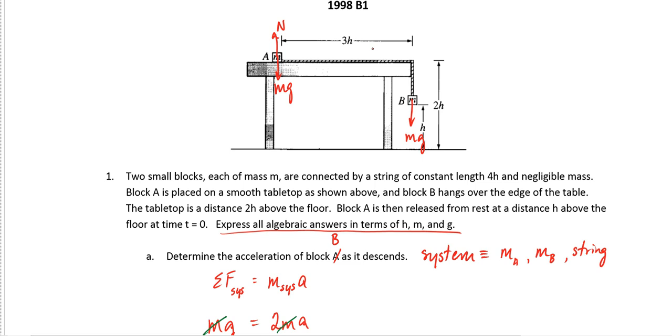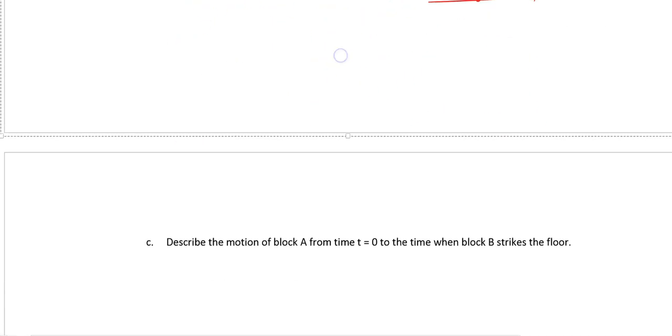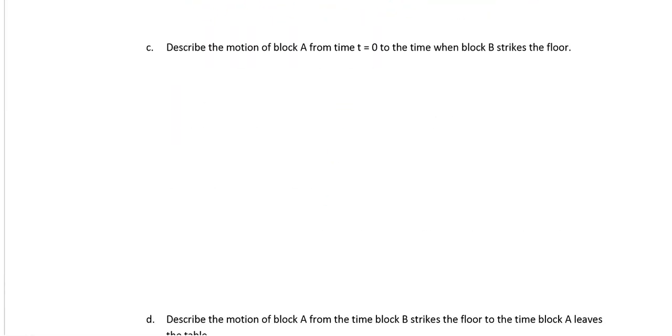They're connected by the string over the edge of the table, so if B falls a height h, A is just going to move across the table a distance h. Since A and B are connected, they're going to accelerate together, which is what we said when we defined our system earlier. They're moving together, so we can call it one system. So we already know the answer to this one.